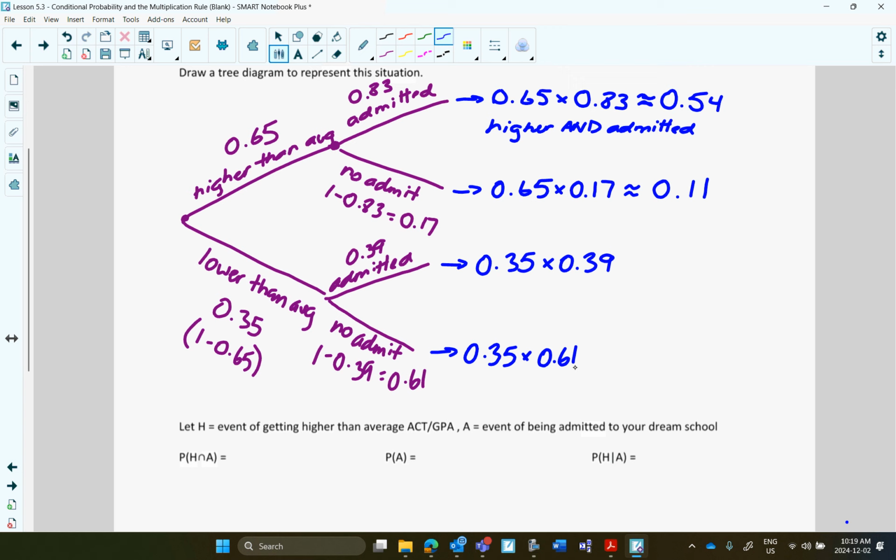Okay? Higher, I'll put these in. Higher and no admission, lower and admitted, lower and not admitted.